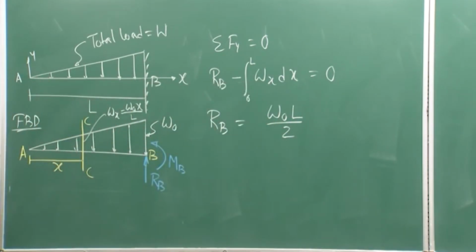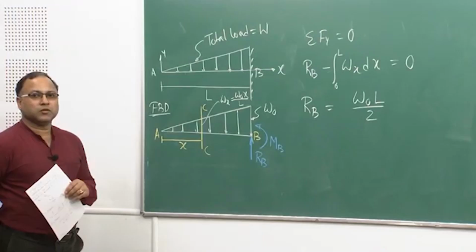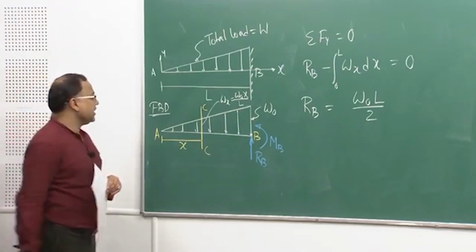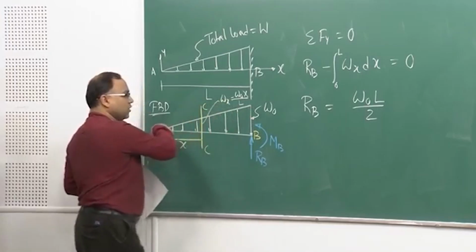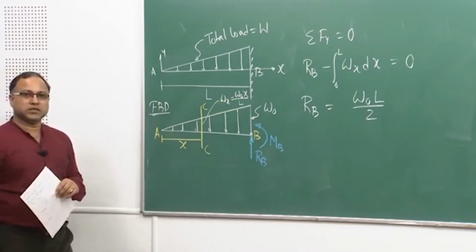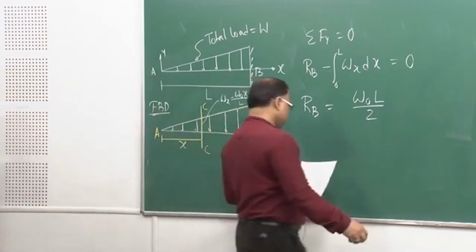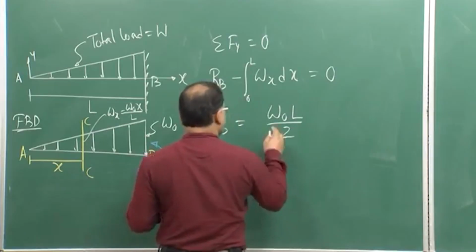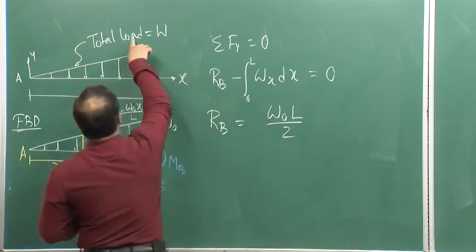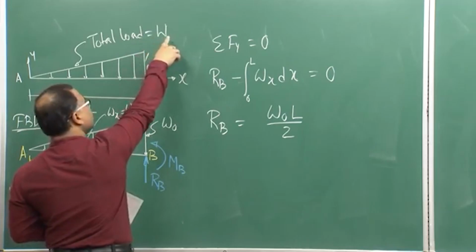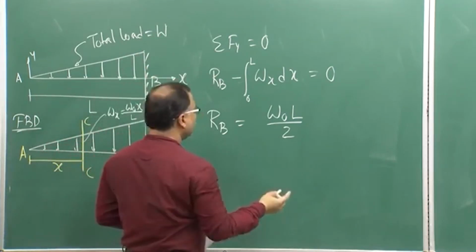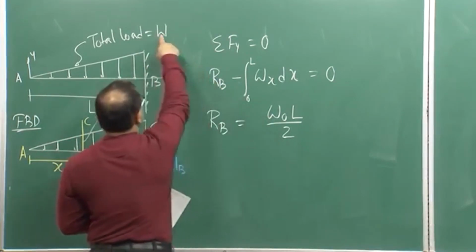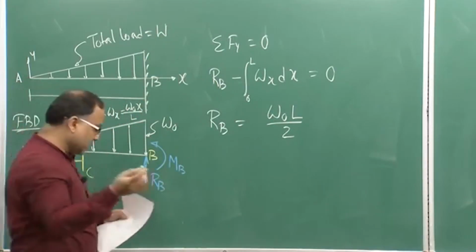Now, what is this W naught L by 2? That is nothing but the area of the whole triangular load, is it not? Now, because the total load is given, if I know the total load, I can express W naught in terms of capital W. So, let us do that.